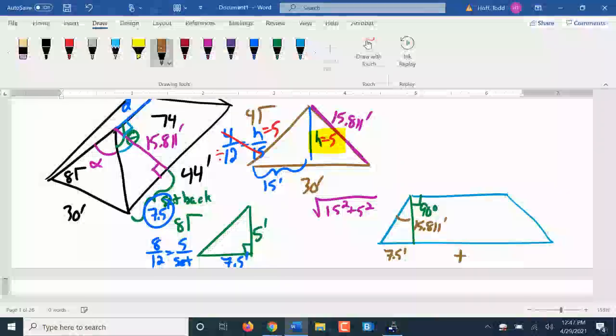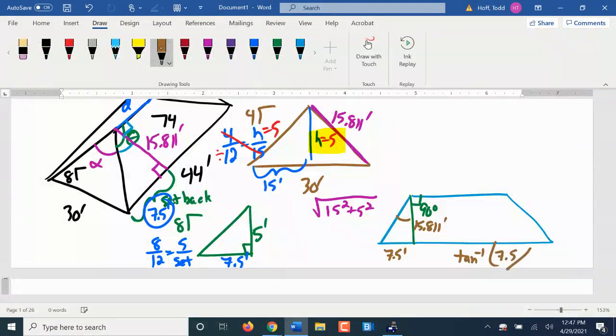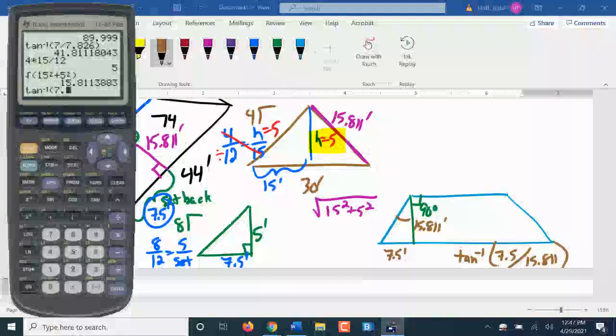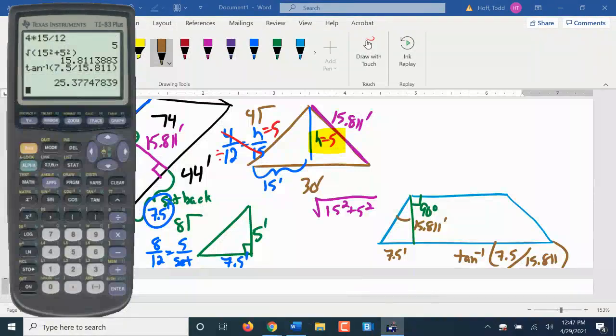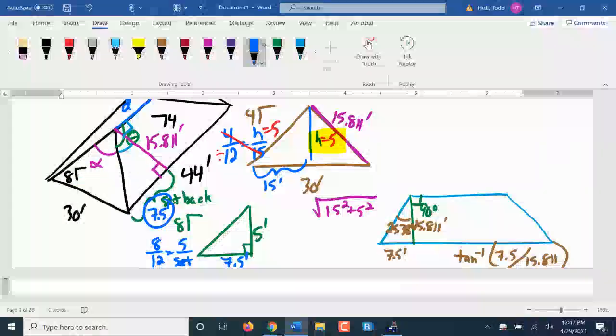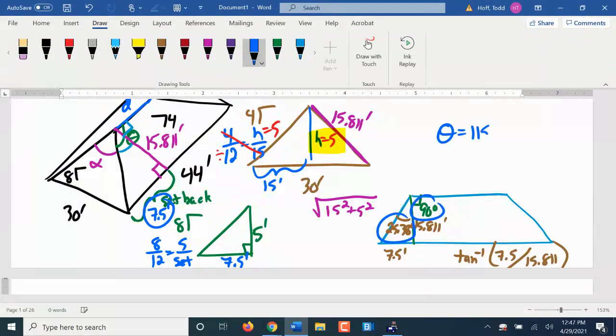That angle will be an inverse tangent of the opposite side of 7.5 over the adjacent side of 15.811, giving us 25.38 degrees. So theta is 90 plus 25.38, so 115.38 degrees. So we have our angle theta.